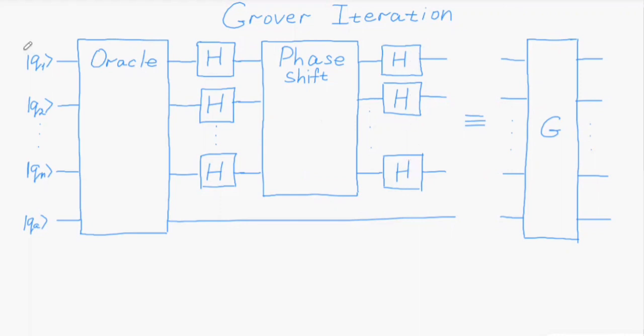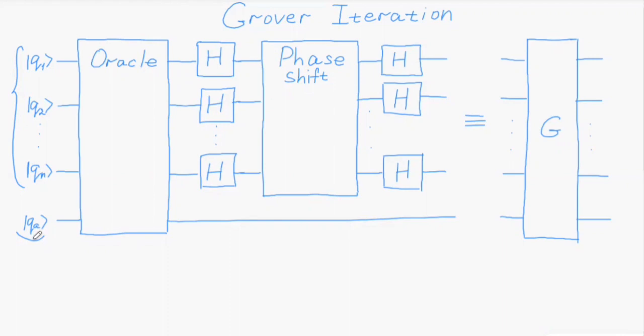The oracle takes as an input the qubits of the search register, and it requires for implementation purposes at least one ancillary qubit, one additional qubit, which does not directly interact with the search register, but is needed to implement the oracle. The oracle can recognize the solution.